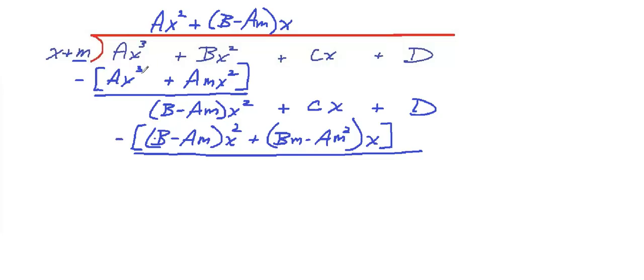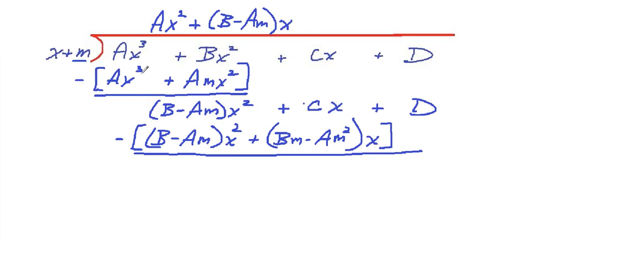I'll use square parentheses so it's easier for the eye to follow because I have parentheses inside of parentheses here. This of course all goes away, and here we get, so I have this many x's and this many x's, and we have this subtraction.